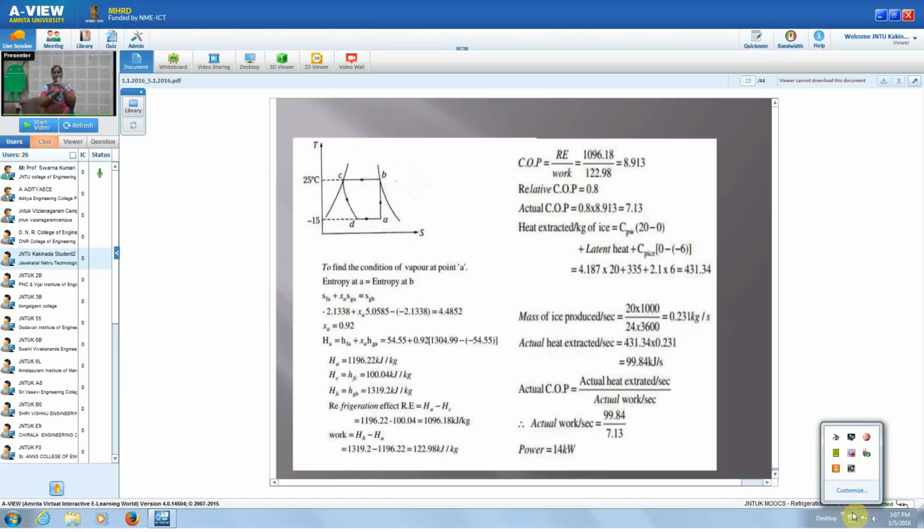Then what is required? The mass of ice required is 20, the total tonnage required per day. It is given per second.